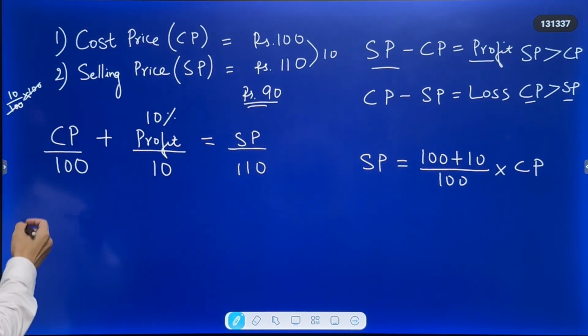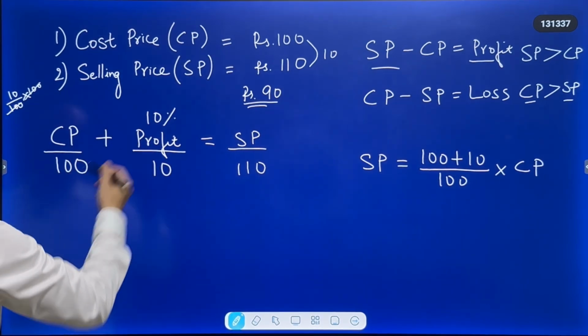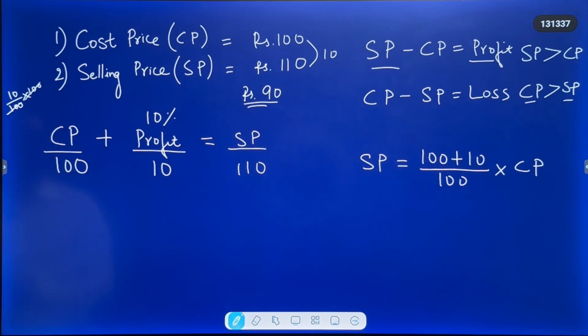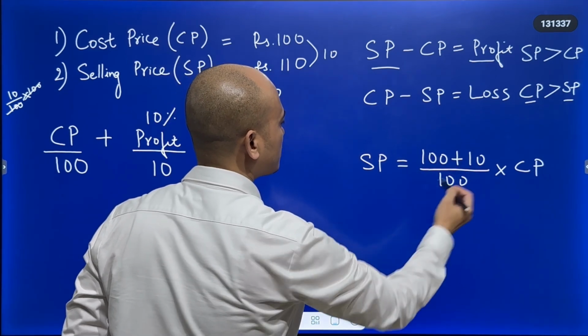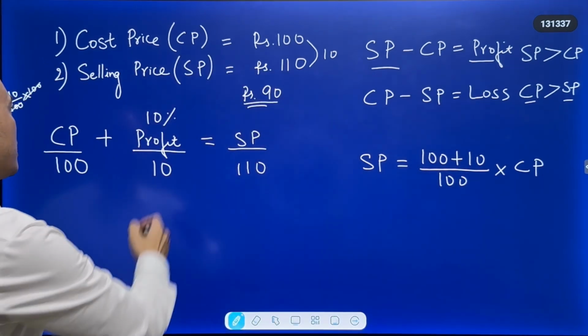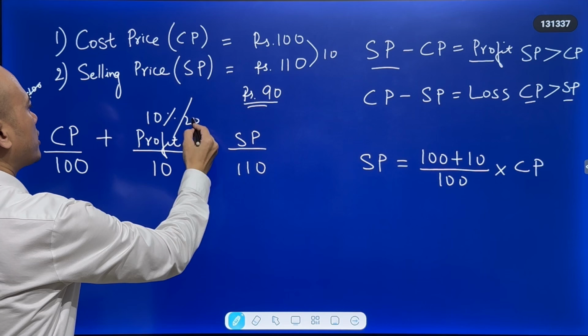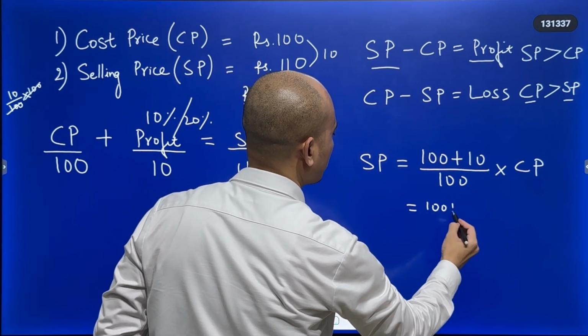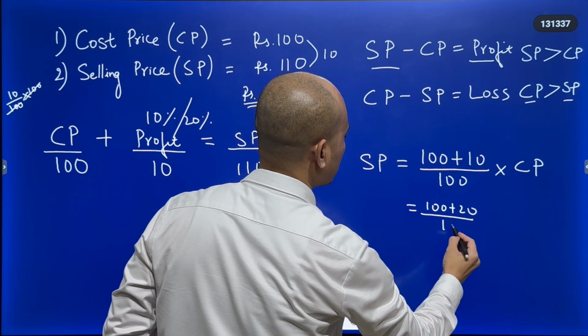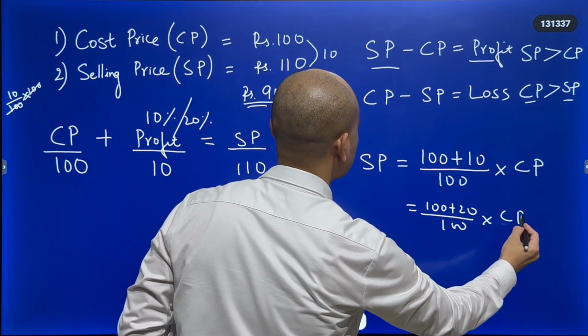If it is mentioned that you make a profit of 10%, we assume that 10% is on cost price. So if it is given 10% profit, you can directly find SP by 100 plus 10, or 110% of CP. If it is 20%, you can directly write 100 plus 20, 120/100 into CP.